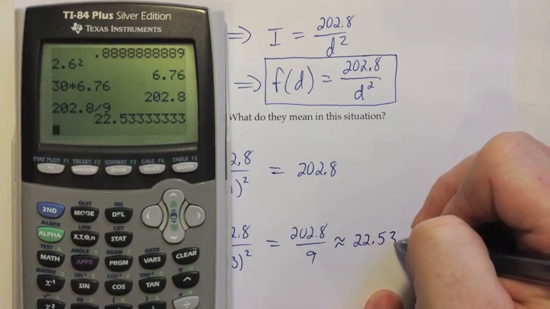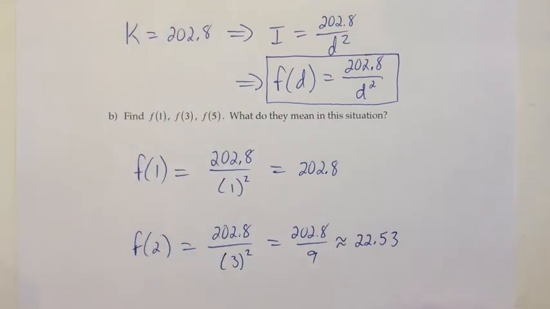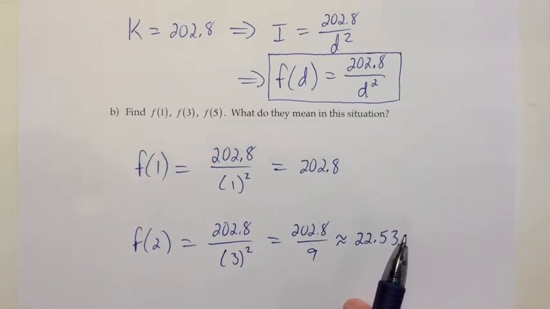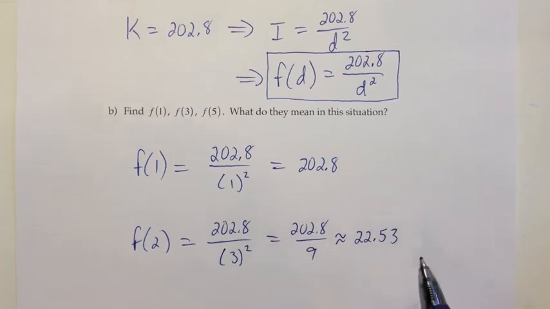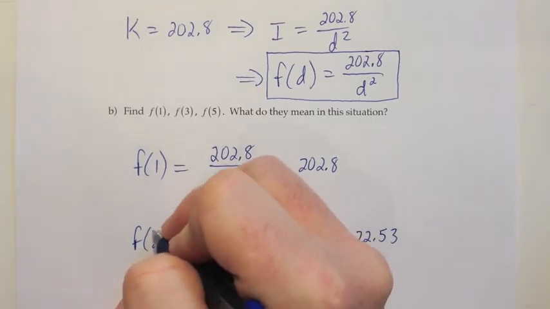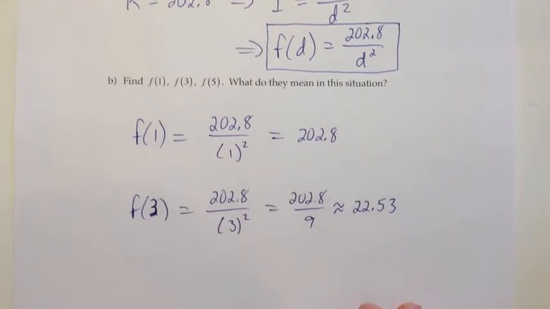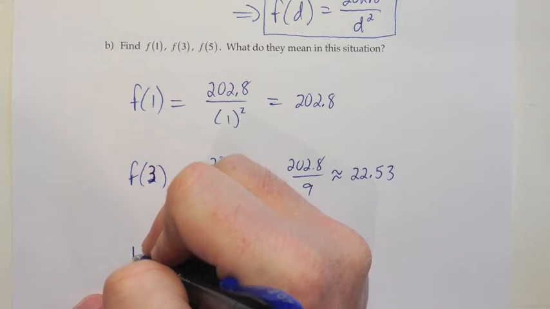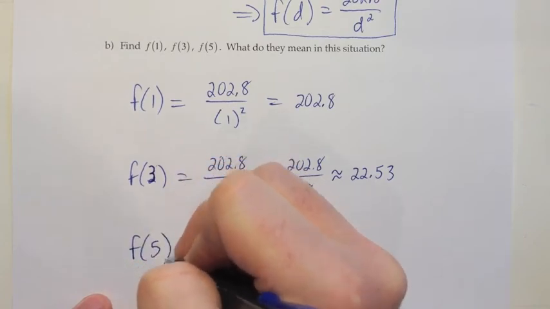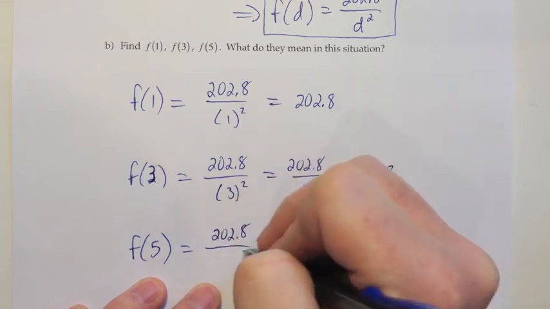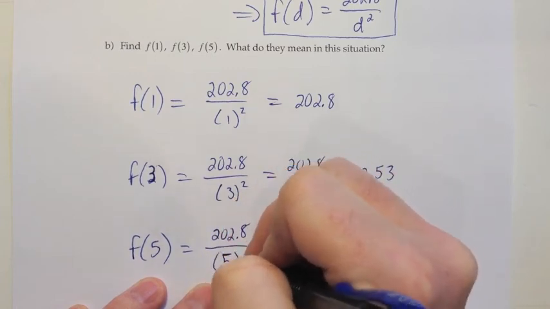They didn't give any rounding rules on this problem. I'm sure they would in my math lab, so I'm just picking something reasonable and going a couple decimal places there. And I'm sorry, this is f of 3, and I worked it as f of 3, but I wrote a 2 right there, so let's just fix that up. So that should be f of 3. And then finally they want f of 5, so that would be 202.8 divided by 5 squared.